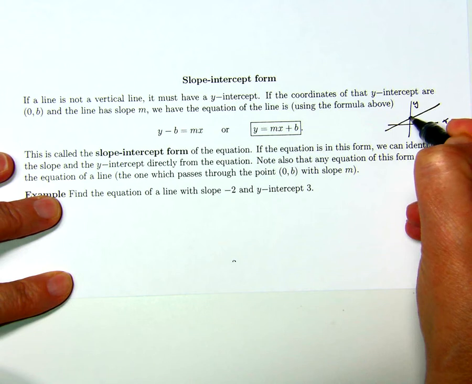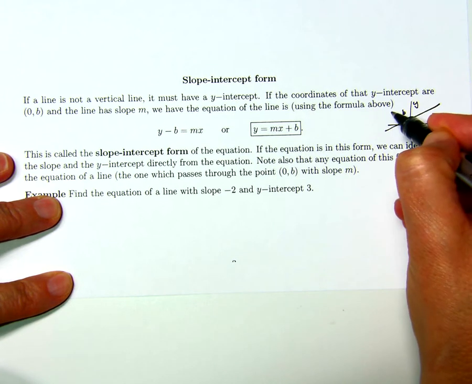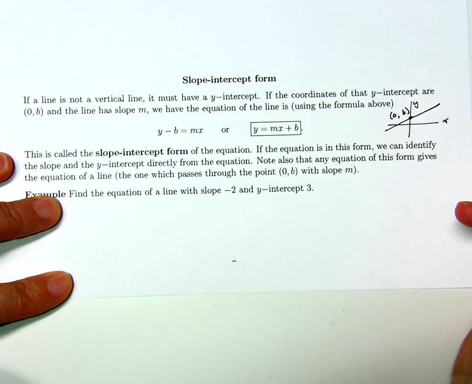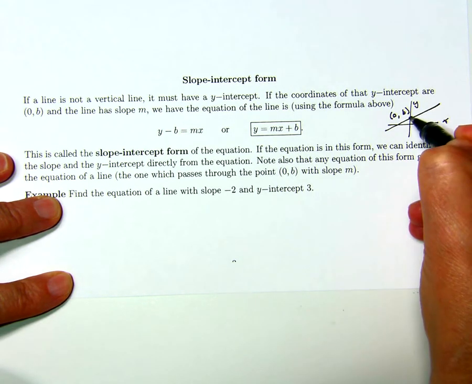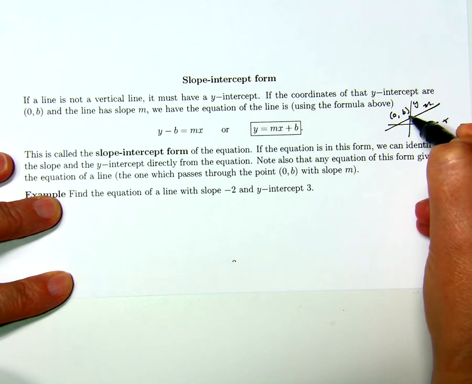And let's call that point B. And to be precise, the full coordinates of that, the x is 0 and the y is b. So this line has slope m, say, and it cuts the y-axis at (0, b).